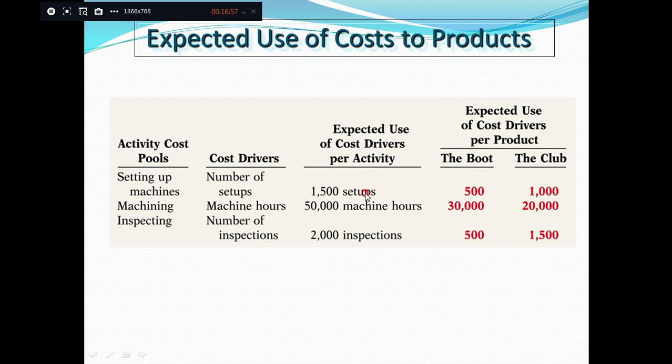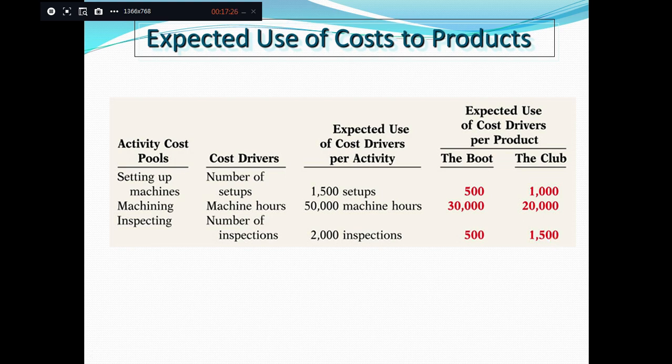In the machining department, from 50,000 machine hours, 30,000 machine hours were used for the boot and 20,000 were used for the club. In inspection, 2,000 inspections were made. From this, 500 were used for the boot and 1,500 for the club.